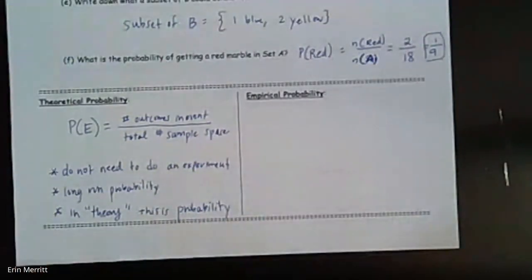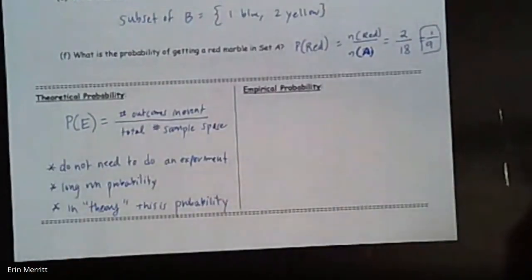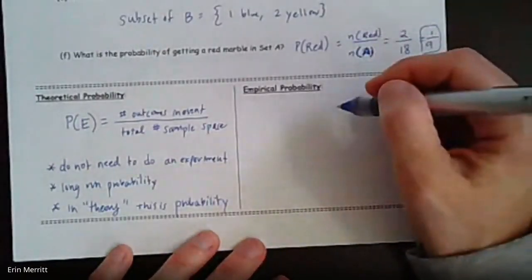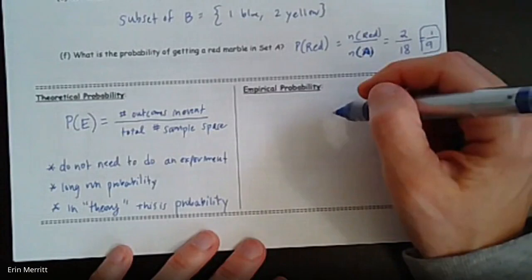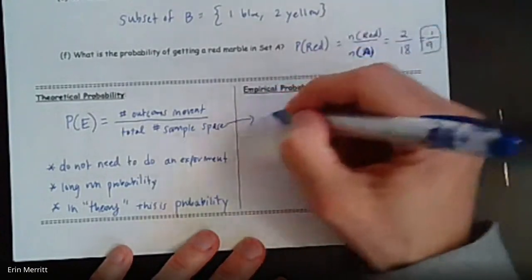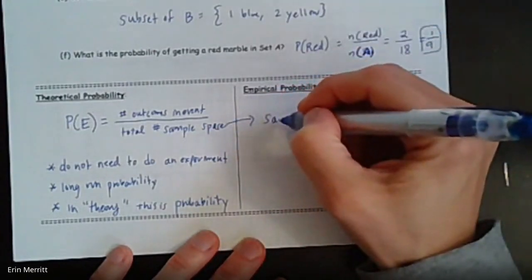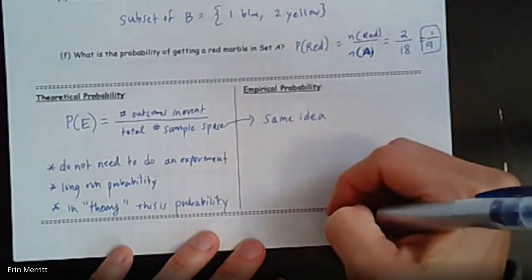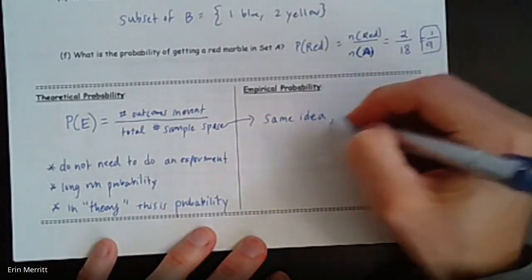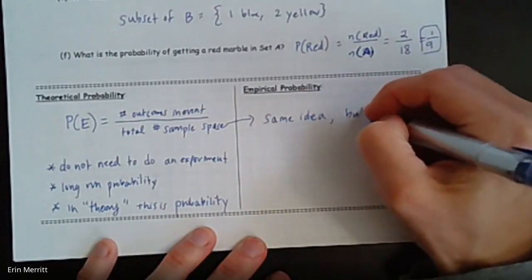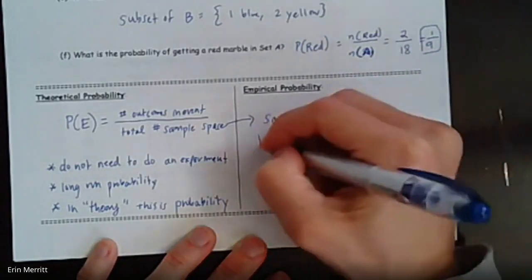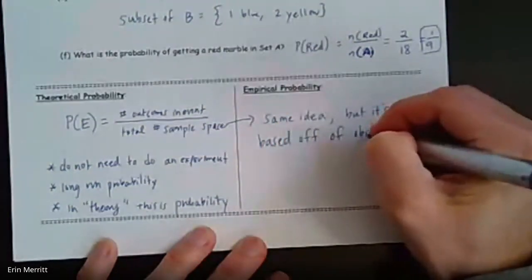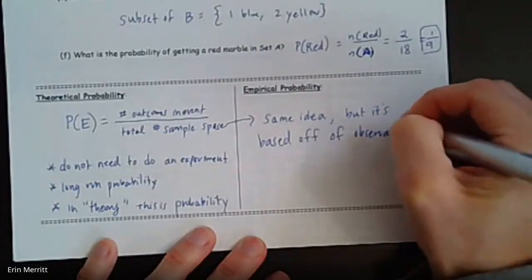And I know I write fast. You have the ability to pause me or go look at the notes online if you need to fill anything in. Right? As for empirical probability, it's still the same idea, but it's based off of observation. All right.